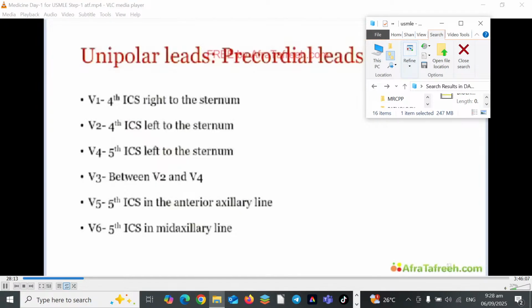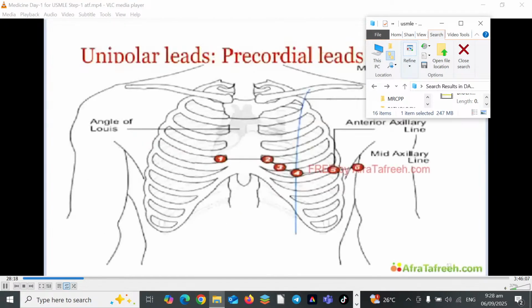So we'll first understand how we are going to place the various precordial leads, and this can be very well understood by this. What I want you to do is pay particular attention to the heart. How is the heart structured and how we are trying to wrap around the heart in a particular manner. Starting from the right side of the heart, we are trying to go all across till the left side.